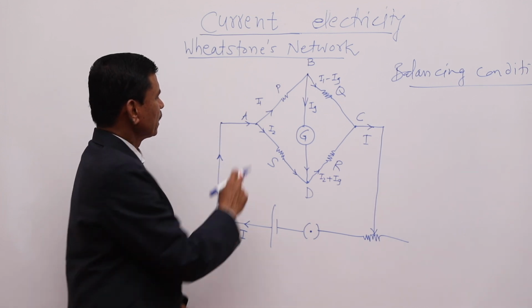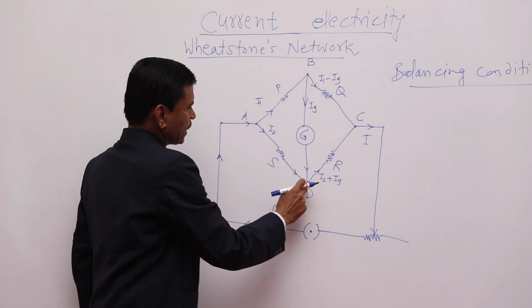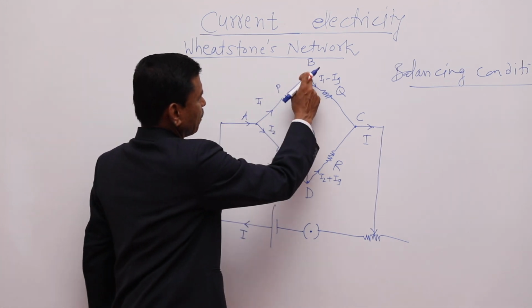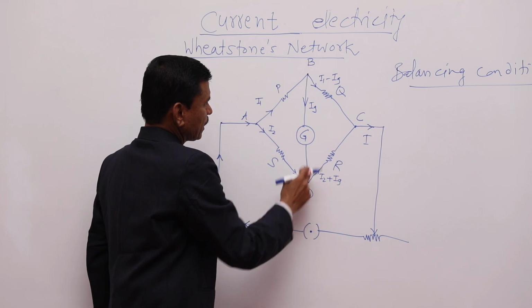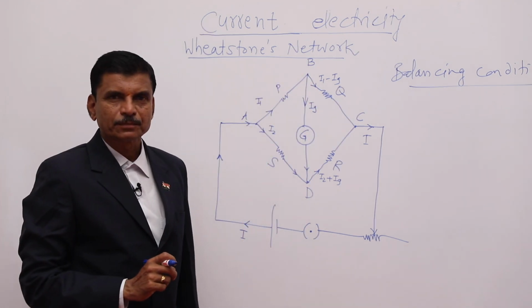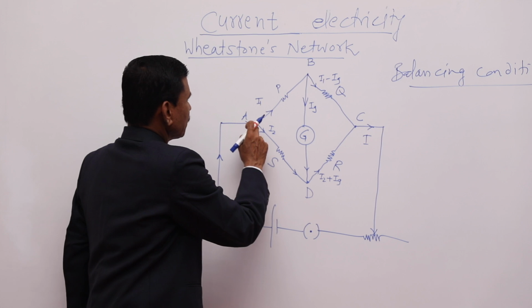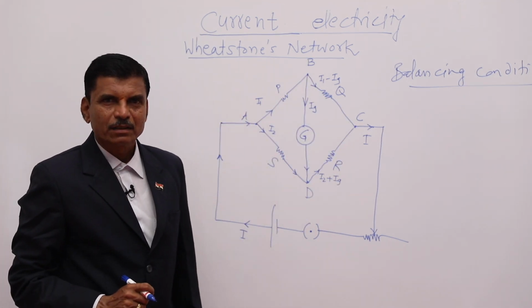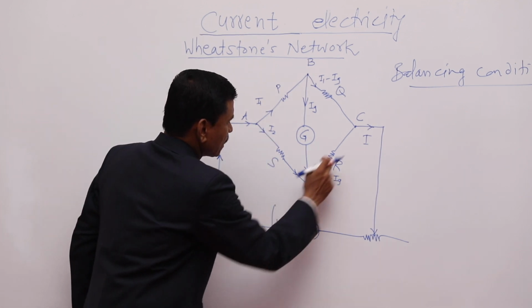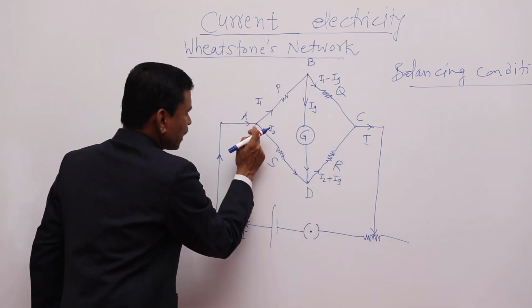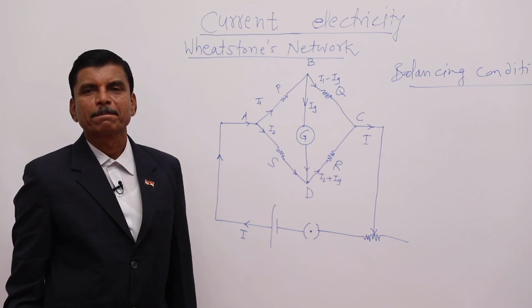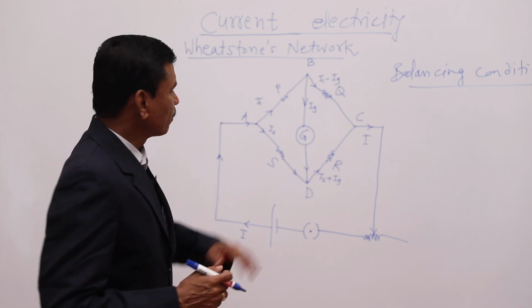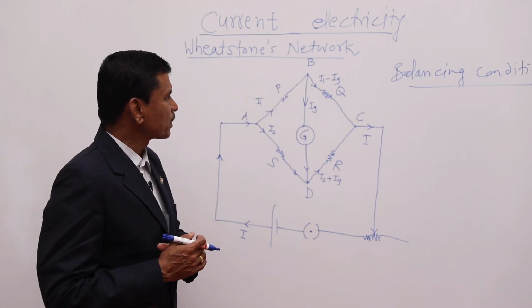See, first loop A, B, D, A. Second loop B, C, D, B. Third loop A, B, C, D, A. Fourth loop A, D, C through this battery and again to A. So we can find many closed loops, and we will use the voltage law on those loops.